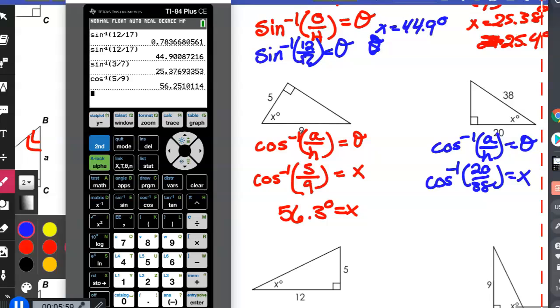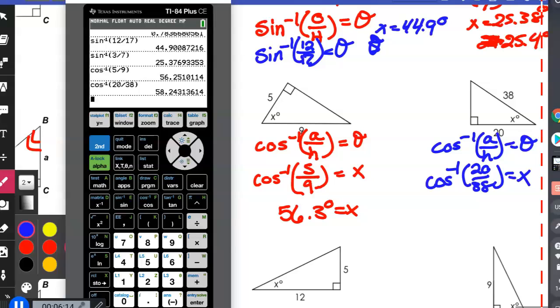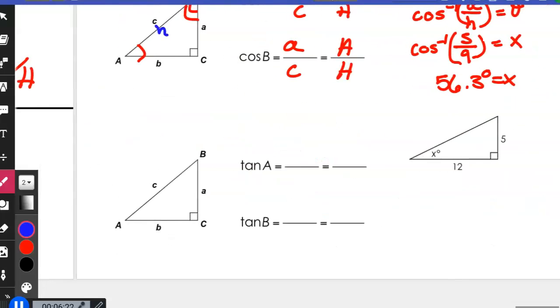So we've got inverse cosine of adjacent over hypotenuse, 20 over 38, and we get 58.2 degrees.